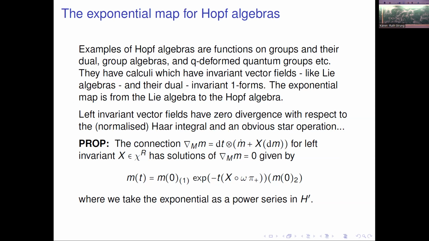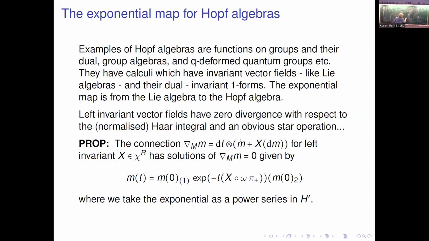So if we forget the divergence, we simply solve our vector field equations in the first line of that proposition, nabla equals 0, as it says in the corner of the board. And we find this equation for the exponential starting at the point M in the Hopf algebra. Oh, and this is an element of the dual.